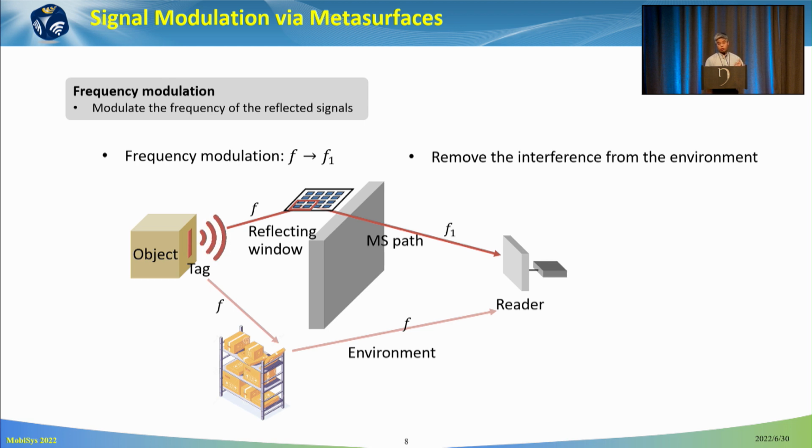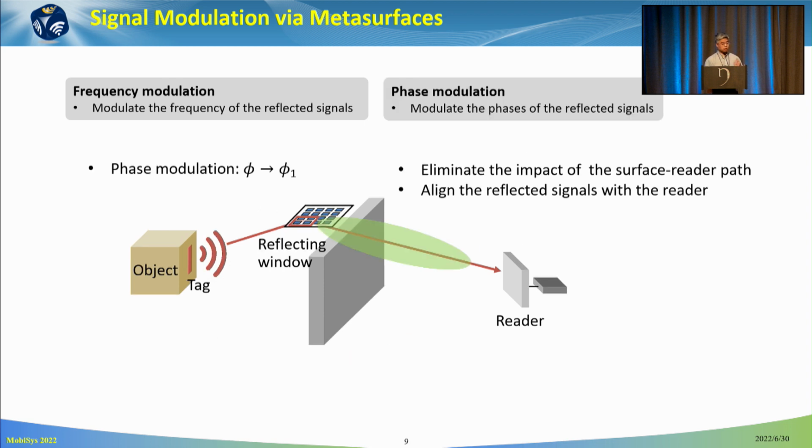So we can remove the interference from the environment. The next modulation capability is phase modulation. The reason for doing that is we want to eliminate the impact of the path from the Metasurface to the object. We also want to align the signals reflected from the Metasurface to the reader to improve the signal strength.